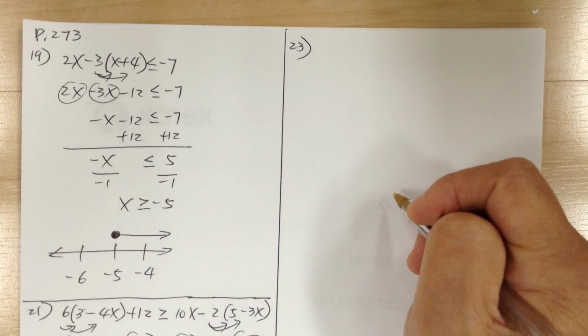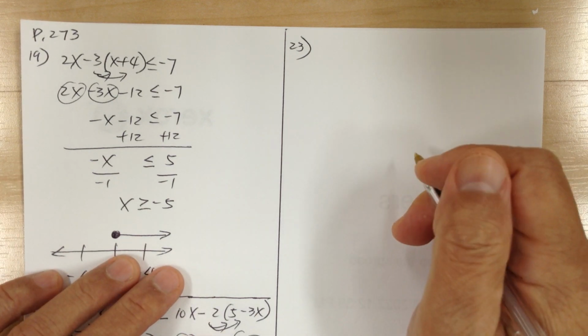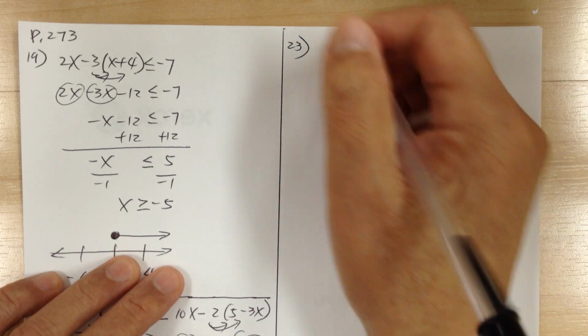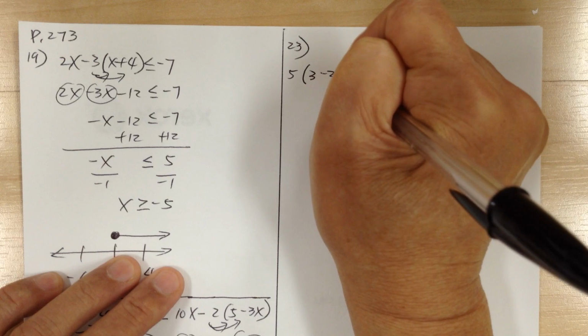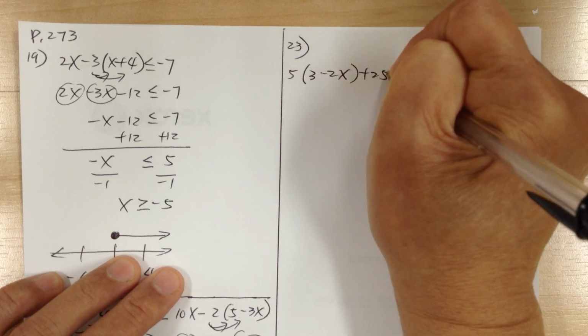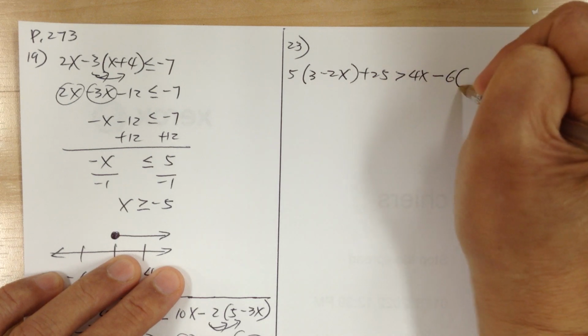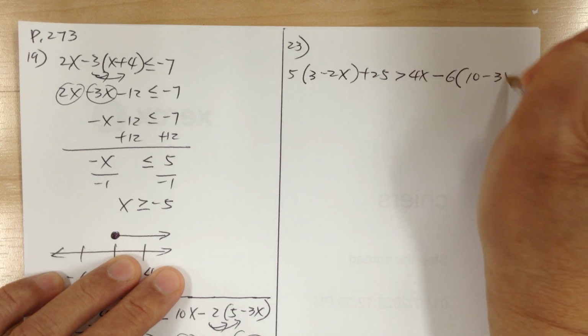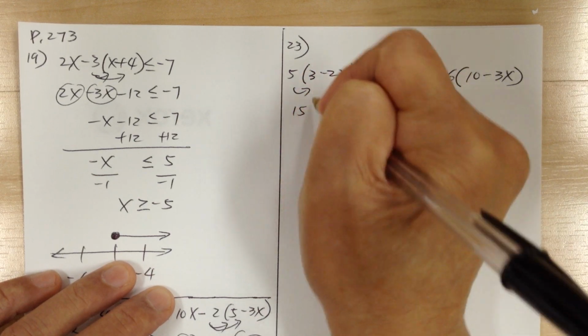Okay, let's go to 23. Here you have 5 times (3 minus 2x) plus 25 is greater than (4x minus 6) times (10 minus 3x). Okay, so that's going to distribute. So multiply, I get 15.